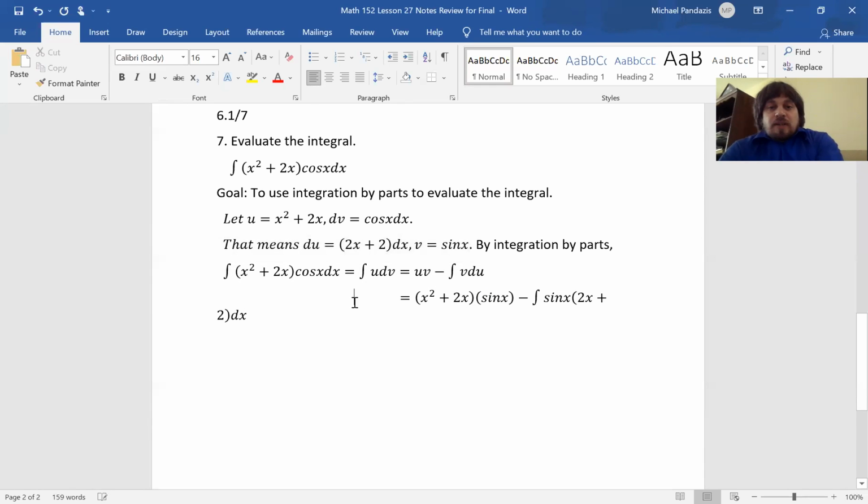Okay, I'm going to have to move this equal sign over just because it's out of room. So now we have this minus this. Now this is simpler. We've now reduced finding this integral to finding this one.